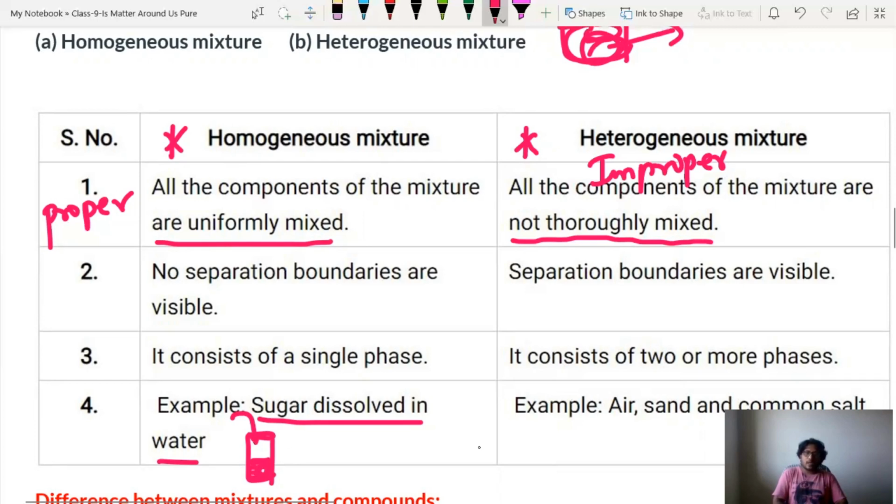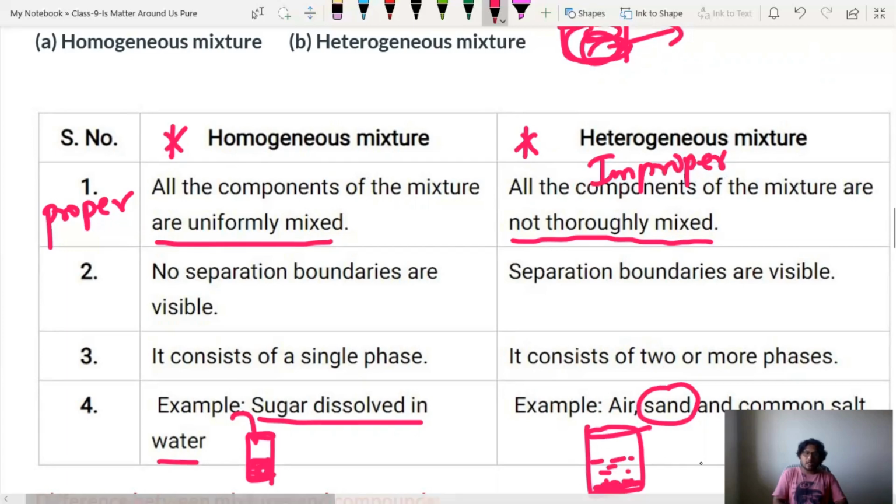And while coming to heterogeneous, take one beaker, add some amount of water, add some amount of sand in it. And if you add sand, you can observe all those sand particles will be settled down. And you can take example of sand and common salt.